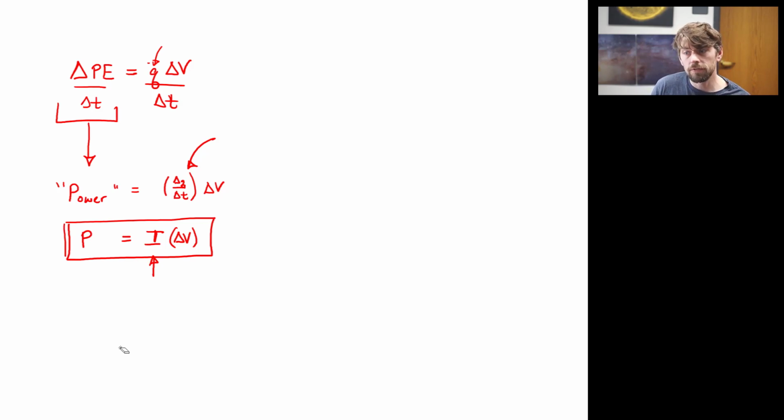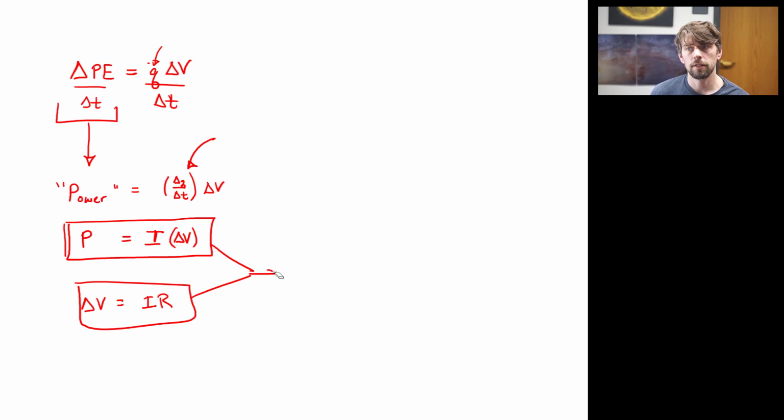Now, if we want to specify this in particular for resistors, we can take this expression for power and the expression for Ohm's law, and combine those two to get expressions dealing specifically with resistors.